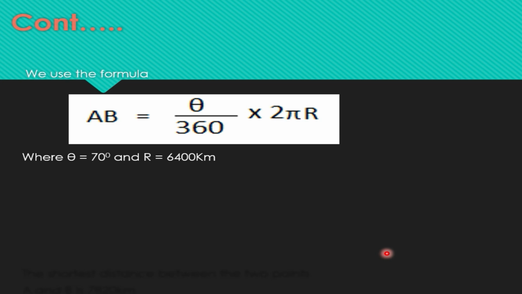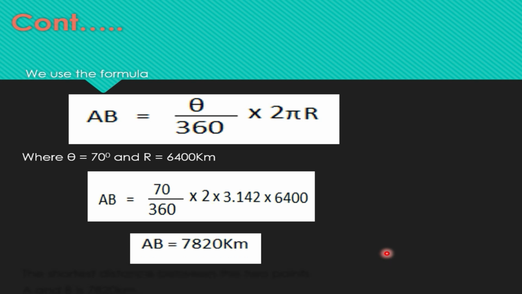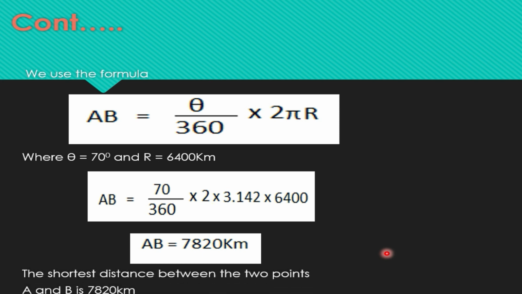So we know the r to be 6,400 kilometers and the angle we have found to be 70 degrees. Now substitute everything inside the formula and you are getting 7,820 kilometers as the shortest possible distance from A to B.